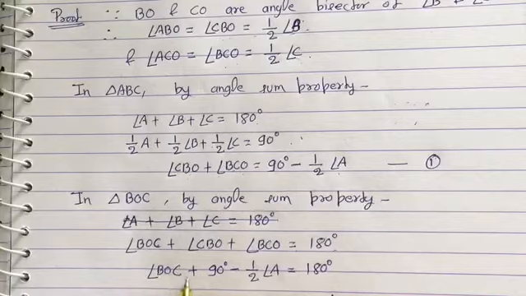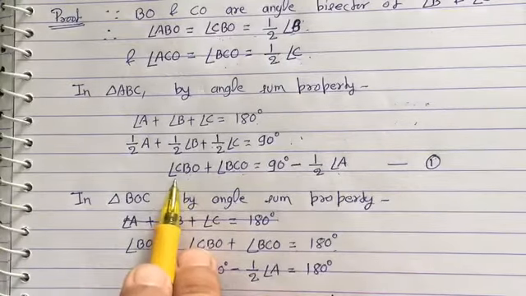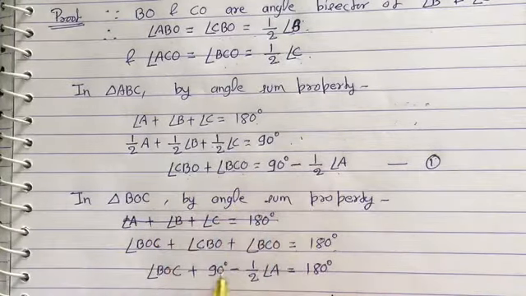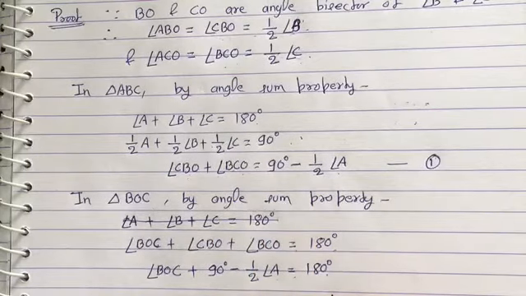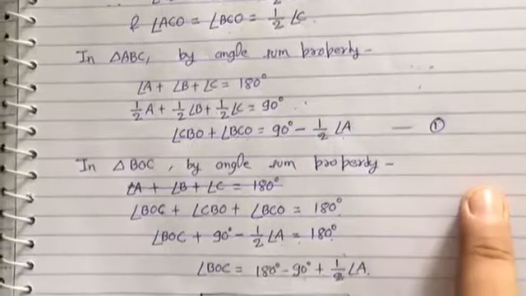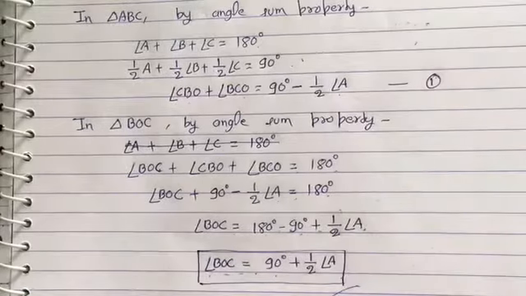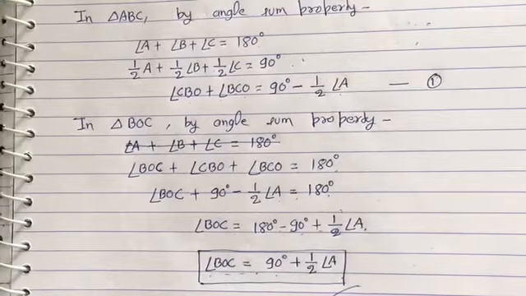This is angle BOC plus the sum of angle CBO and BCO, which is 90 minus half angle A, is equal to 180. Now transfer all the things to this side. Angle BOC is equal to 180 minus 90 plus half angle A. Now angle BOC is equal to 180 minus 90, which is 90, plus half angle A. This is the complete proof of this question.